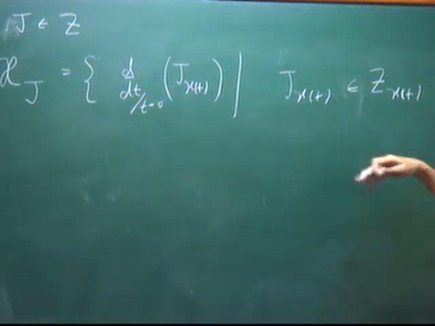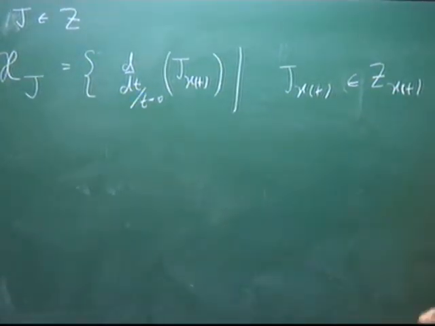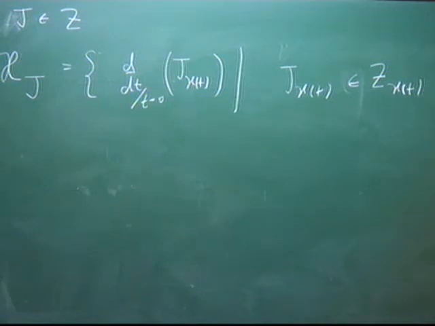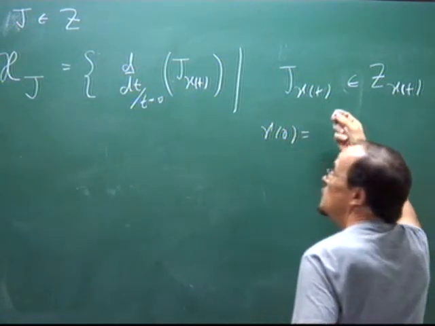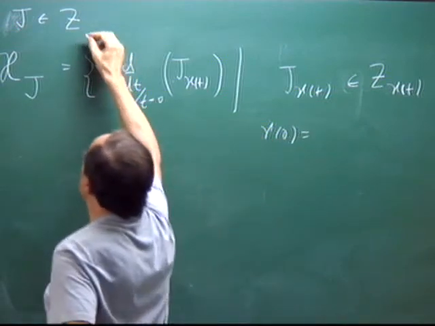So it's a complex structure at the point γ(t), right? An orthogonal complex structure in the space at the point γ(t). γ(0) is my point.